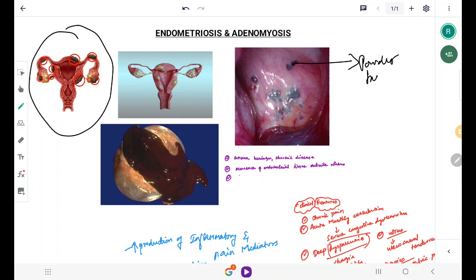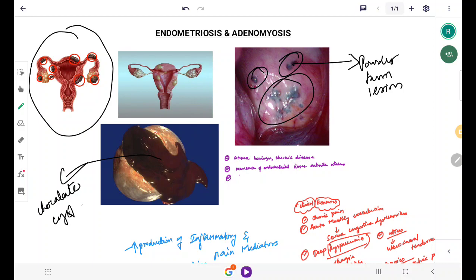You can find powder burn lesions or blue spots on the serosal surface of the ovaries and peritoneum. In the ovary it causes the chocolate cyst, and this is the typical presentation of a chocolate cyst of the ovary. It also causes scarring and adhesions in the fallopian tube.